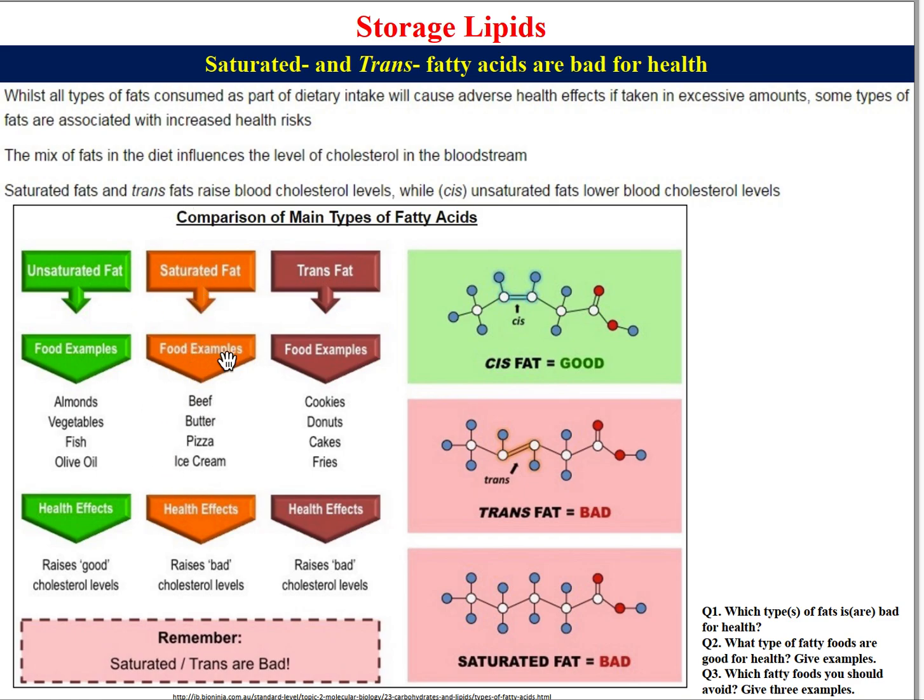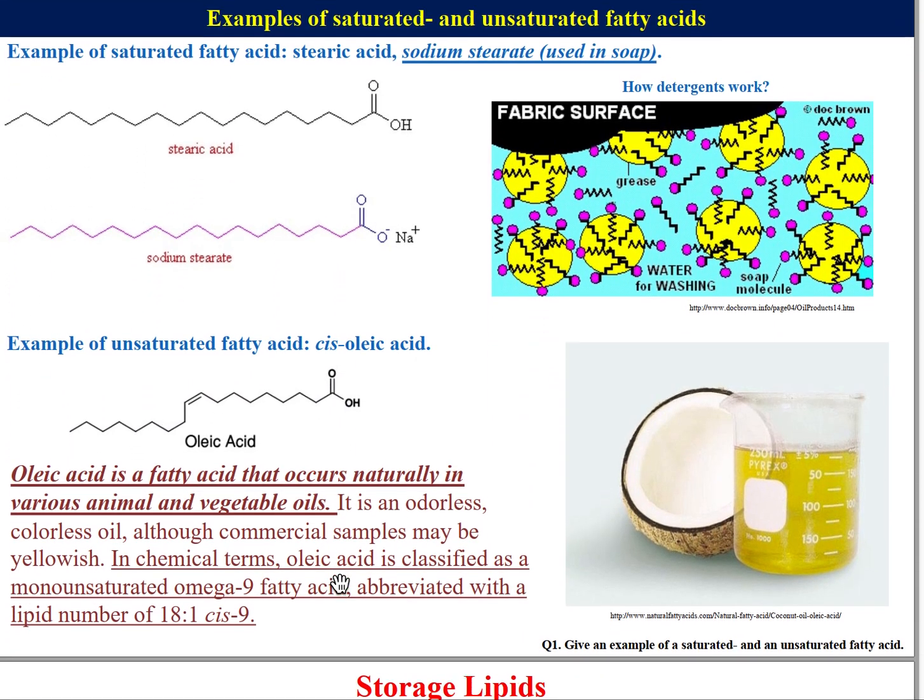Saturated fatty acid food examples are beef, butter, pizzas, and ice creams, and they raise bad cholesterol levels like VLDL or LDL, which are bad for health. And trans fats are much worse for health. They are found in cookies, donuts, cakes, and fries, and they raise blood cholesterol, bad cholesterol levels.